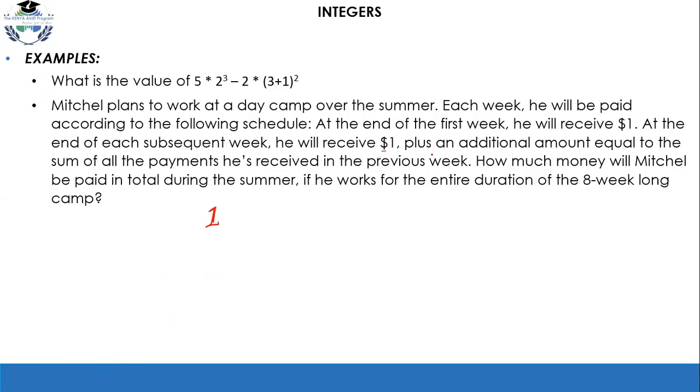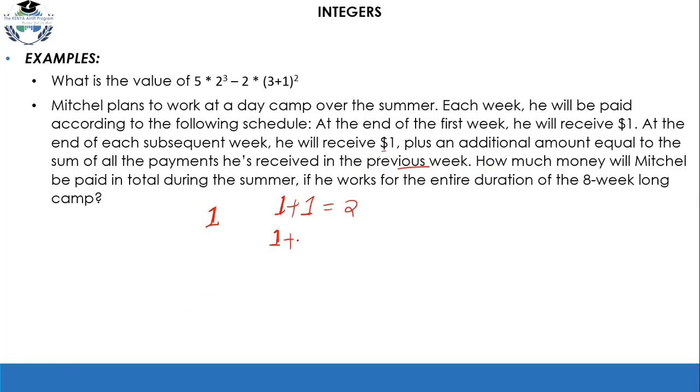He will receive $1 plus an additional amount equal to the sum of all the payments he received in the previous week. So in week 2, he will receive $1 plus what he received in the previous week, which is $1, so $2. So when you're trying to solve this one, the question is: what was he paid in the previous week that he was working?